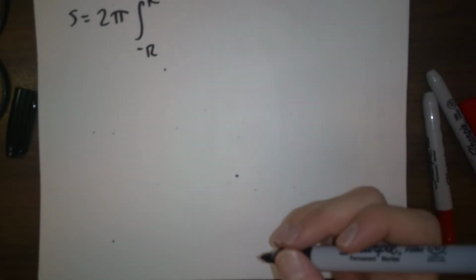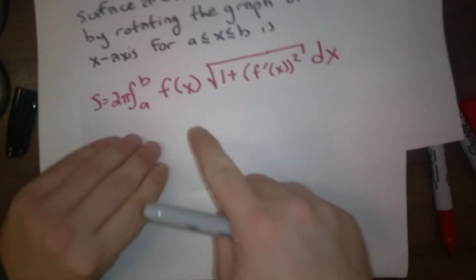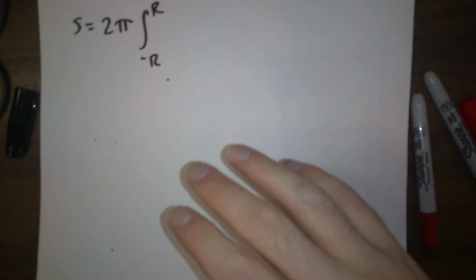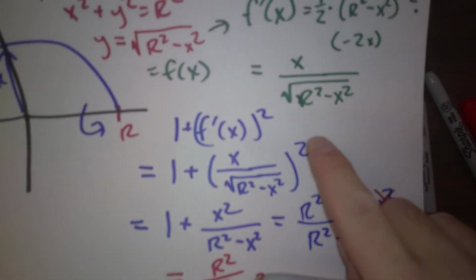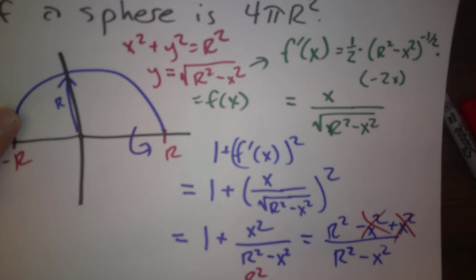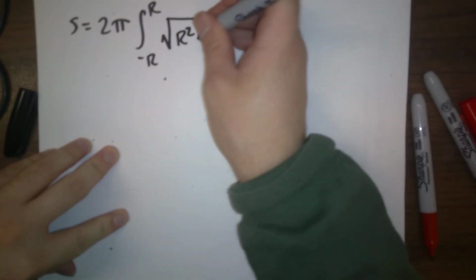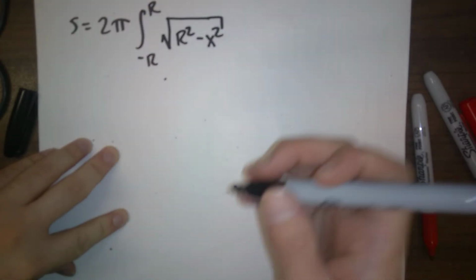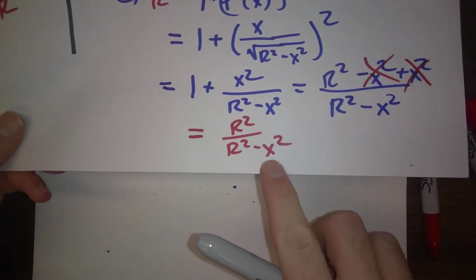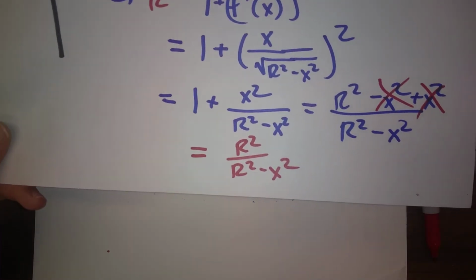And then for the function itself, that is going to be just the square root of r squared minus x squared. And then we're going to multiply that by the square root of what we just had in our previous slide, r squared over r squared minus x squared.